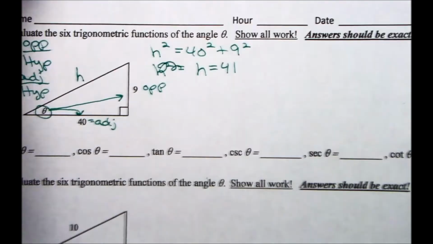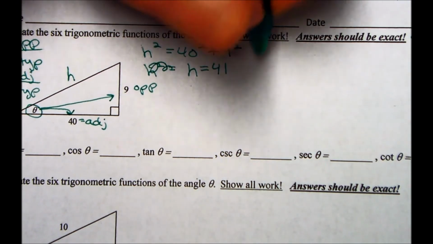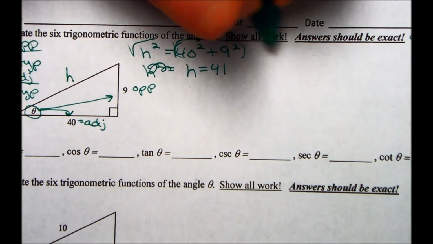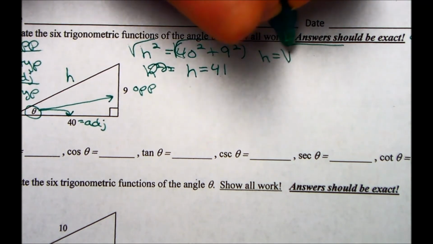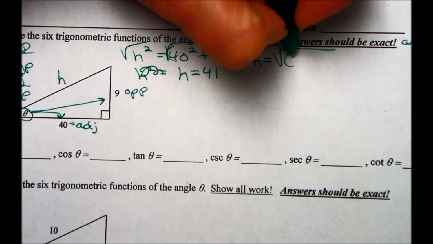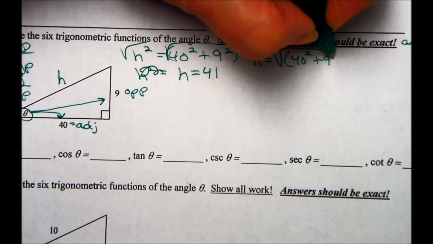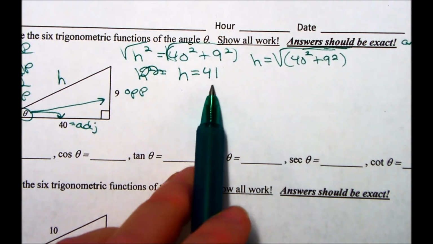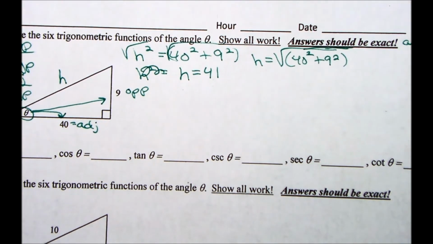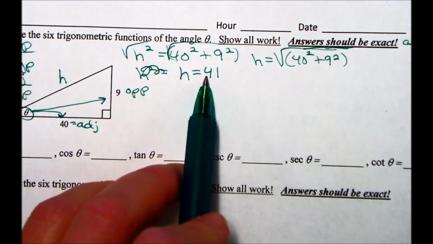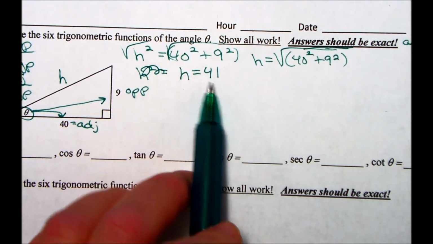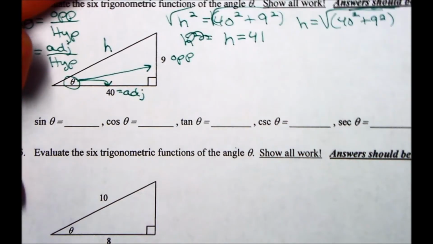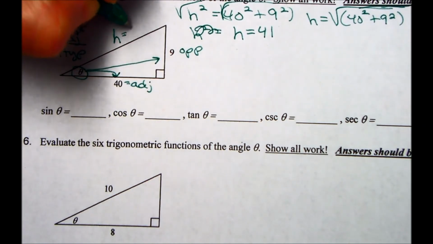So in my calculator, what I probably did is I took the square root of both sides and put that in parentheses. So h would equal the square root of 40 squared plus 9 squared, and then close my parentheses. And then that gave me the 41. And it was an exact value, which was nice, so we don't have any radicals. How convenient.